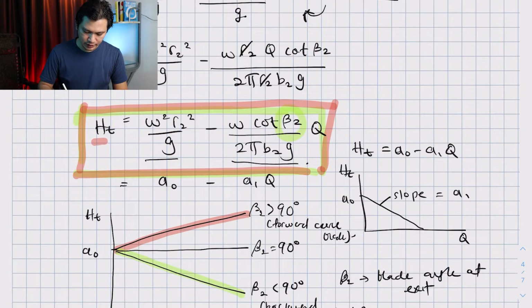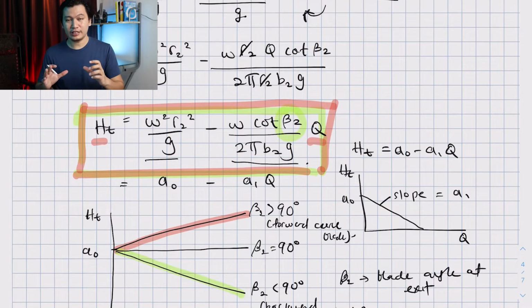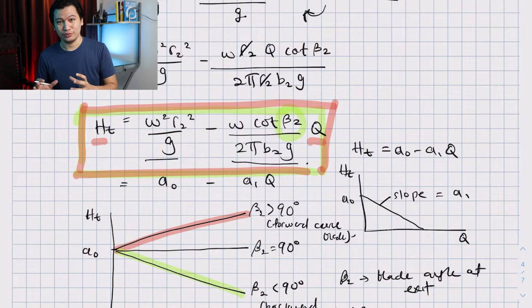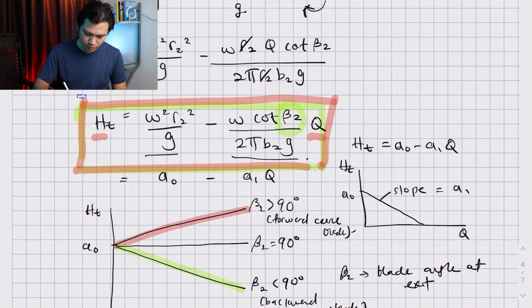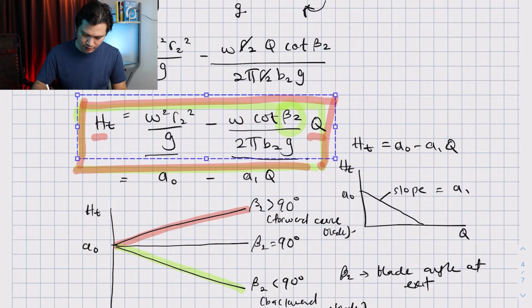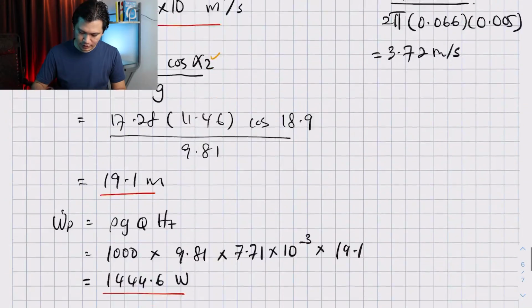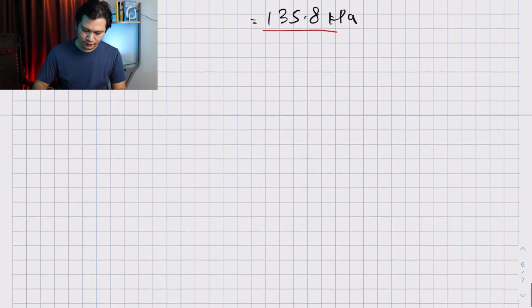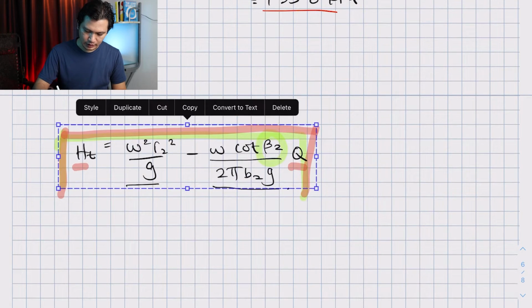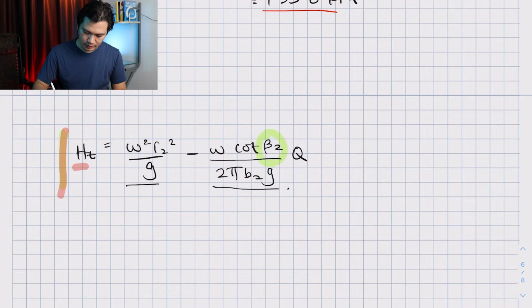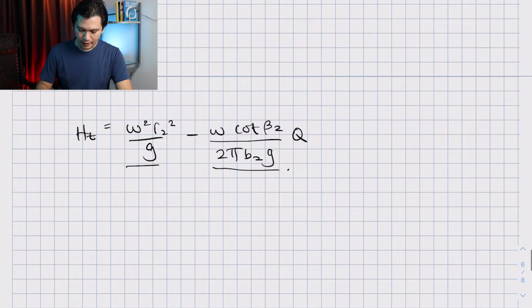So you have the HT and you have the Q. You want the relationship of HT in terms of Q. Now, this is quite a long equation, so I'm going to copy this and paste it down here as our reference. That is your HT, and if you notice, we have everything we need.